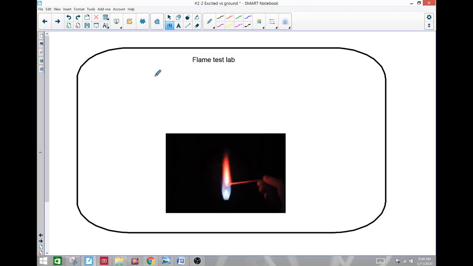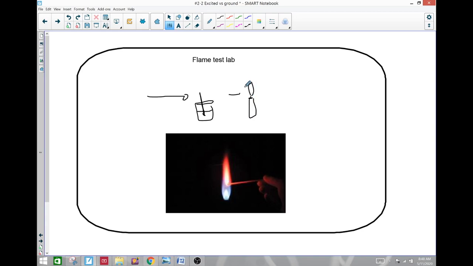Okay, our theory here is what we call a flame test. We'll do a lab on this, where you take a nichrome wire with a loop on it. That's what we use. You dip it into a chemical, all right, and then you stick it into a Bunsen burner flame. Now, a Bunsen burner flame really is not that much energy, okay?